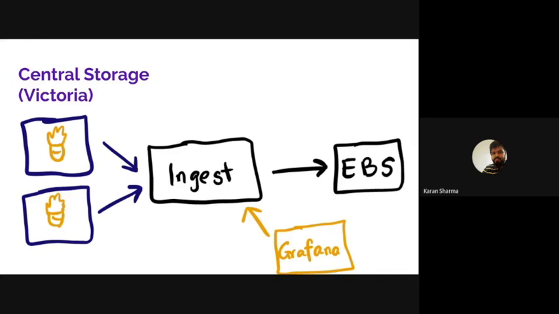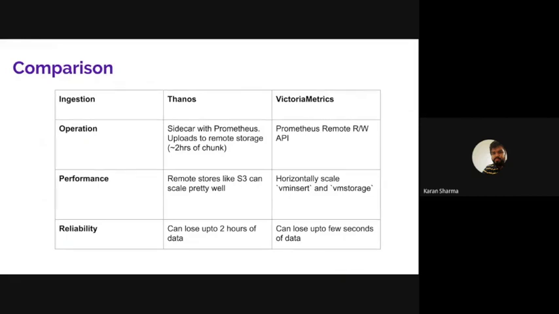So I just want to dive a bit more into the choices I made with Thanos and VictoriaMetrics. I won't consider Cortex here because I dropped Cortex early in my evaluation, as it required me to set up a NoSQL database, something like Apache Cassandra, Google Bigtable or DynamoDB.